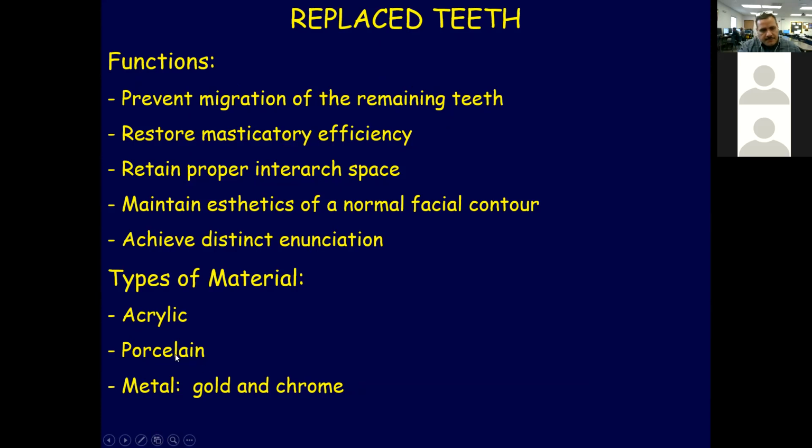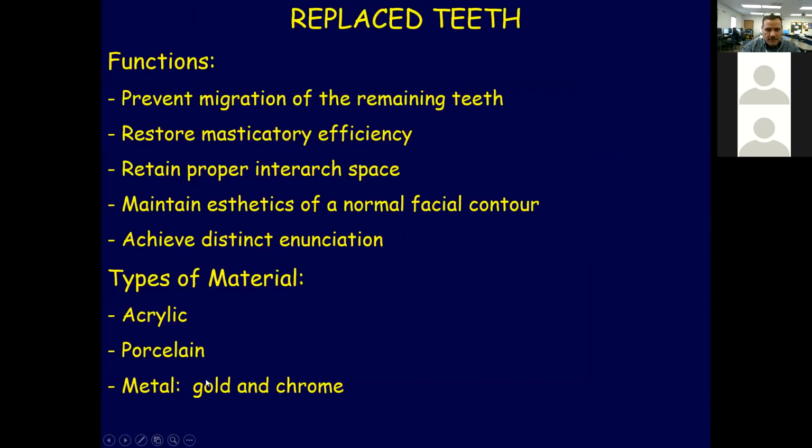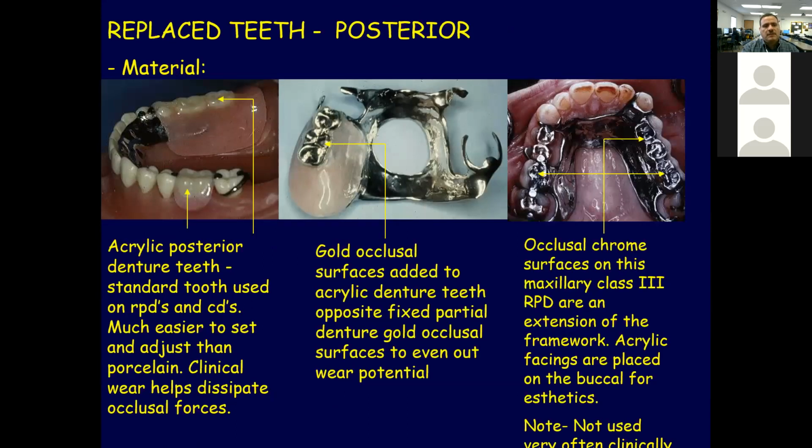Because if you have acrylic teeth, they're easy to adjust. Easily you can brush it away. They look good, they color it. No one uses gold teeth unless the patient asks for it. Some patients ask for gold teeth, like on the front teeth, but no one uses gold anymore to replace teeth.